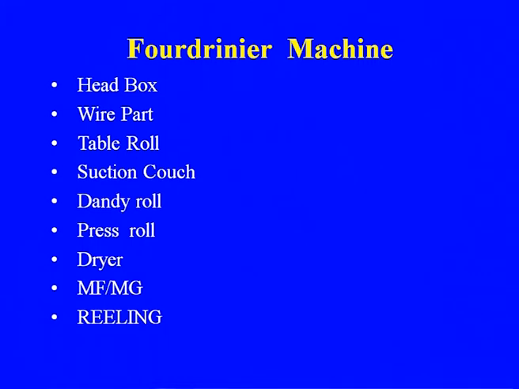Then there are the press rolls, where the remaining water is removed by simple pressing, and after the first press roll there may be a number of press rolls also.